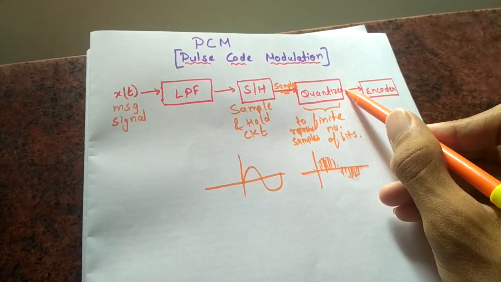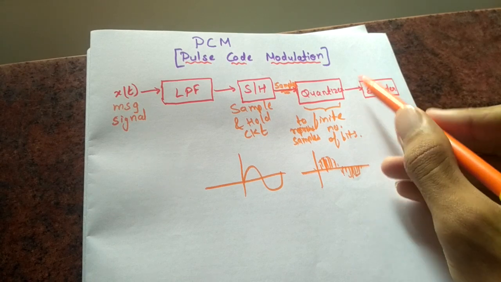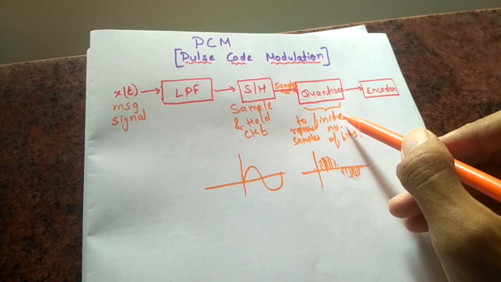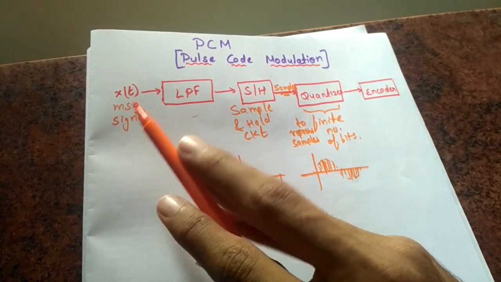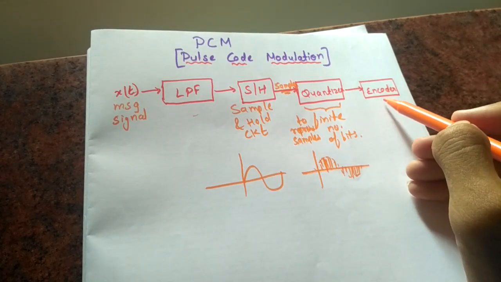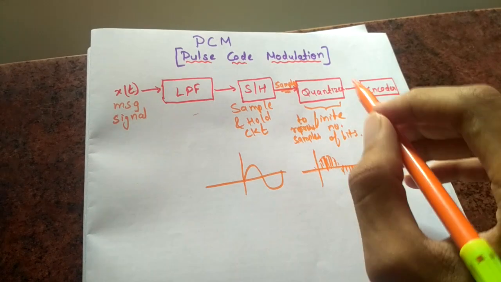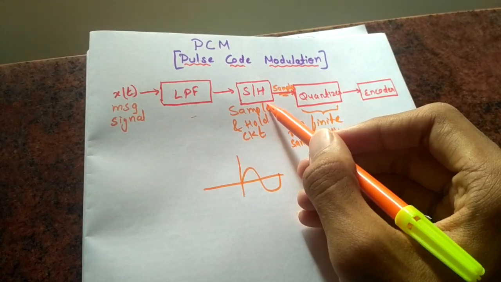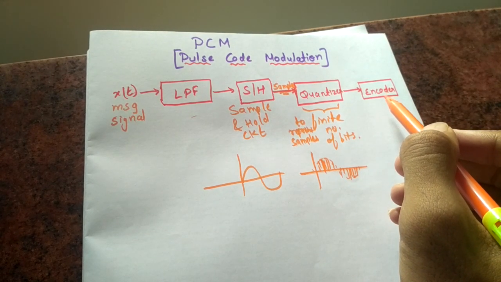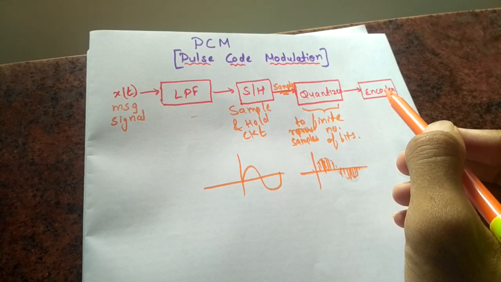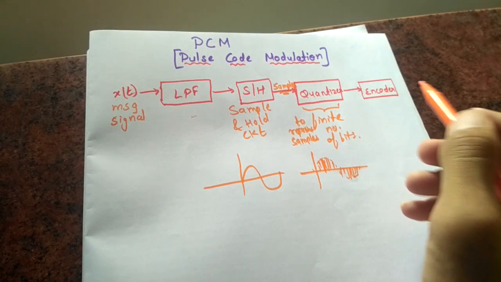After the approximation, here comes the encoder, which is nothing but our A to D converter. These analog samples, the signal being obviously analog in the time domain, will be converted into digital form. And this sampling and this encoder happen in synchronization, so proper synchronization must be managed.